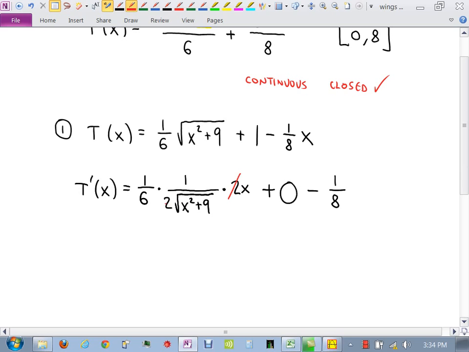So we need to cancel out some 2's here. Put the x on top maybe. I'm just cleaning up now.